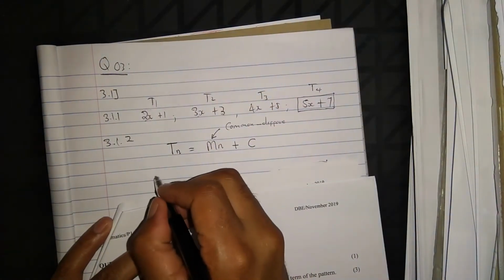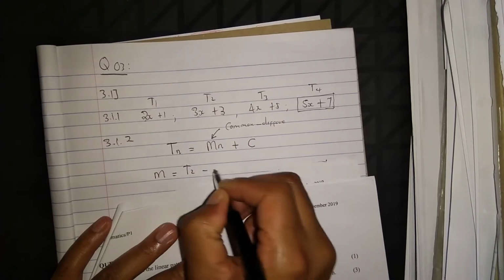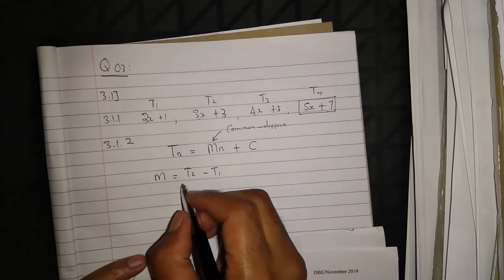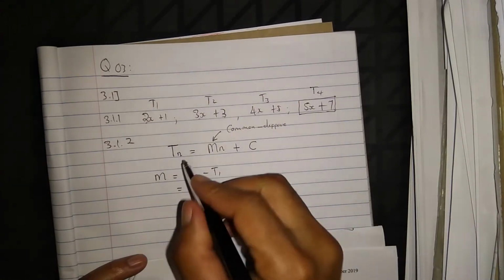So therefore m will be equal to T2 minus T1, or T3 minus T2.